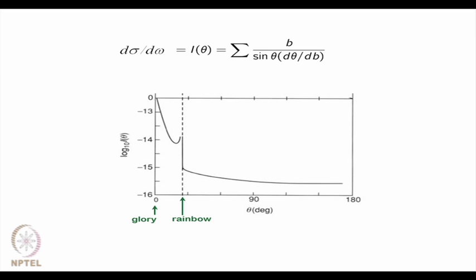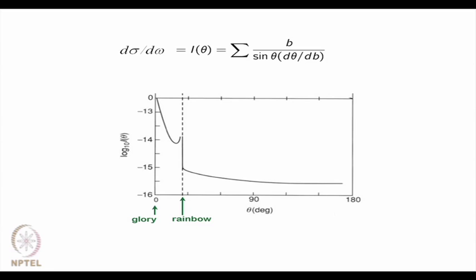One important point, as I told you, is the supernumerary rainbow, for theta less than theta r, the rainbow angle, where 3 values of B will lead to deflection to the same scattering angle. Since d sigma d omega is very much related to the nature of the potential energy surface, the supernumerary rainbow gives us information about the range and shape of the potential near the minima.